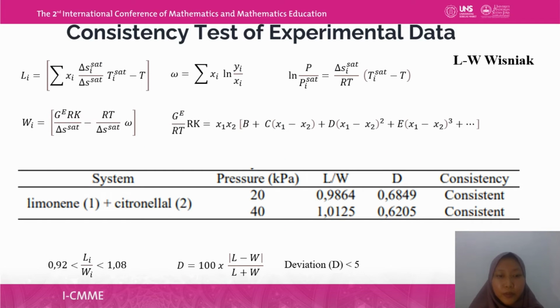Consistency test of experimental data using Wisniak, with the value of L/W more than 0.62 and less than 1.8, with deviation or D less than 5. So the binary system limonene plus citronellal at 20 and 40 kPa is consistent.